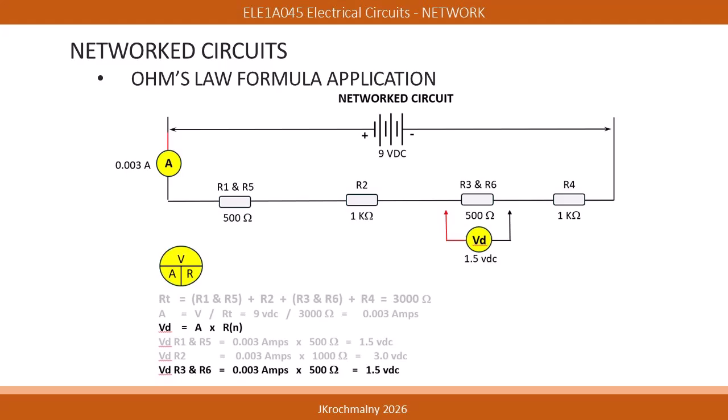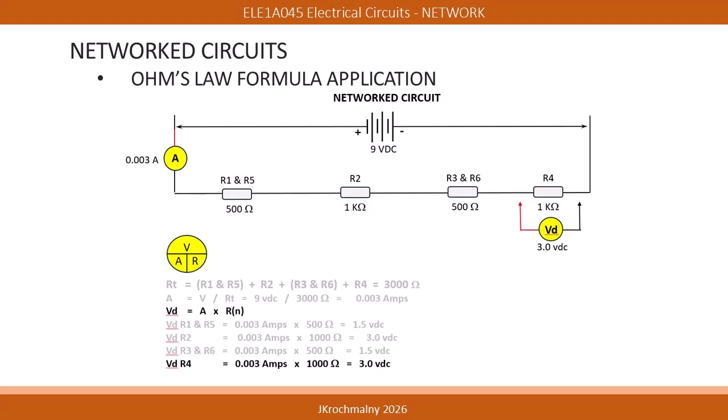The same process used in calculating the voltage drop across the R1 and R5 resistors can be used to calculate the voltage drop across the R3 and R6 resistors. 0.003 amps multiplied times the 500 ohms of total resistance of this parallel circuit equals 1.5 volts DC dropped across it. 0.003 amps multiplied times the 1,000 ohm resistance value of the R4 load equals 3.0 volts DC dropped across it.